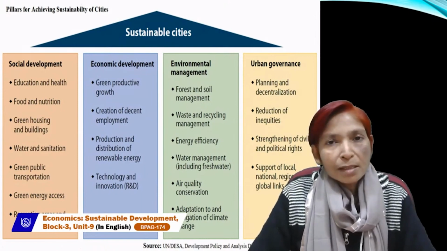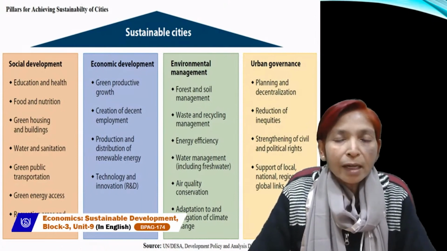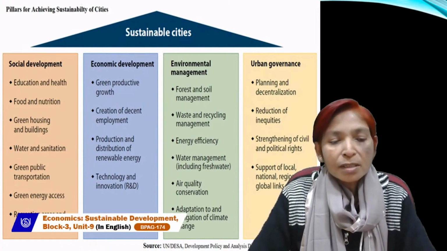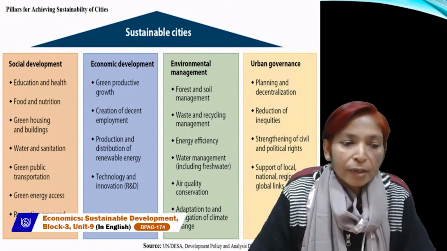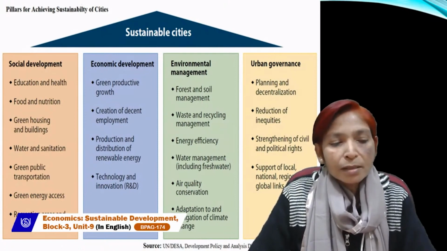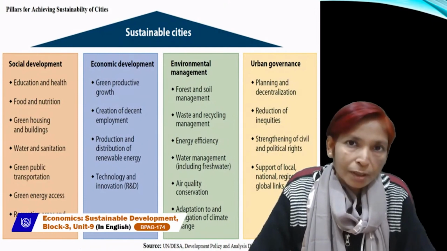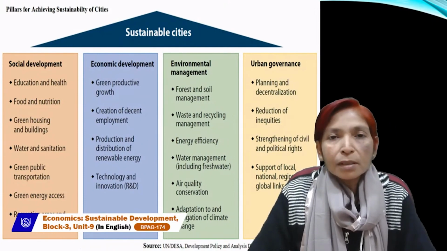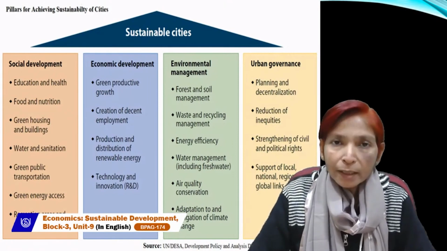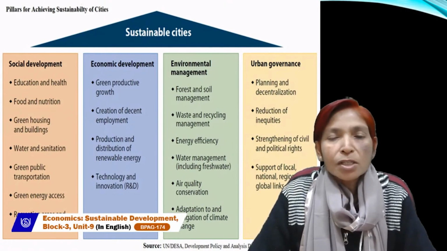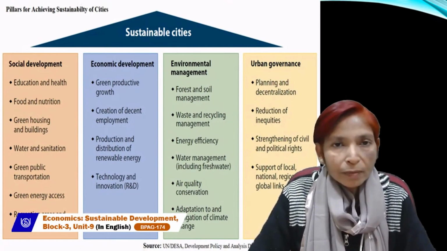Green energy access: we should use green energy, which creates environmental protection. And recreation areas and community support. We should use renewable resources in large quantity for doing social development.